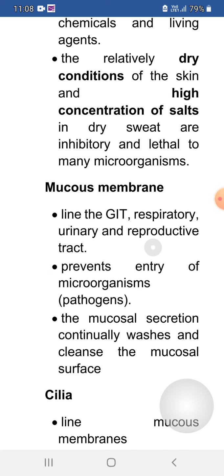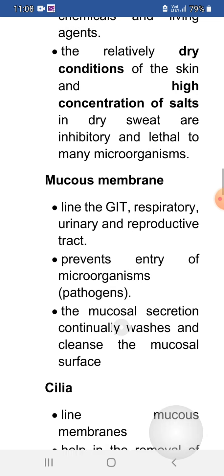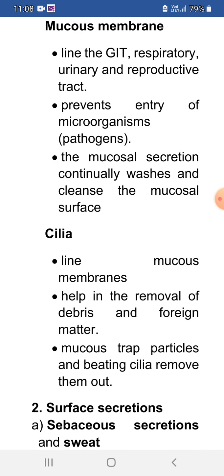Then the mucous membrane also produces mucus, which is thick and holds particles or microorganisms. Mucus also produces substances which kill microorganisms, as we'll see later.